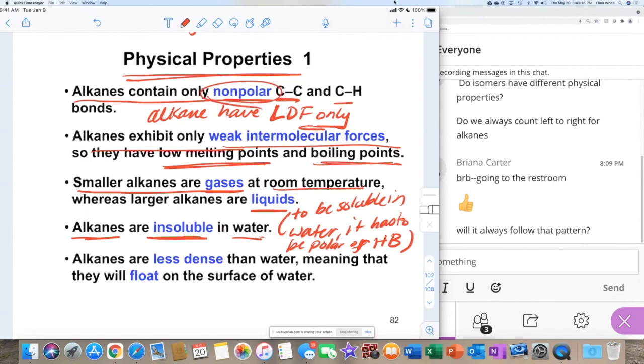Alkane is nonpolar. It's like oil. So when I think alkane, I'm thinking oil. Oil will not mix with water because it's nonpolar. It will sit on top of water, but it won't mix with water. So we're told here alkanes are less dense. Once again, I'm thinking oil, right? Less dense than water, meaning that it will float on the surface of water.